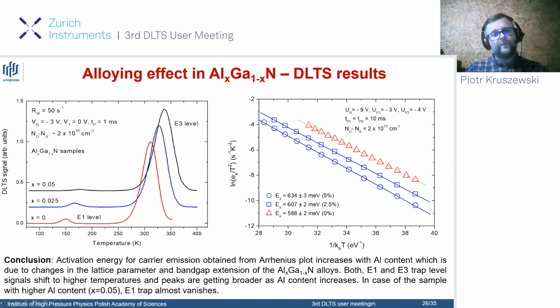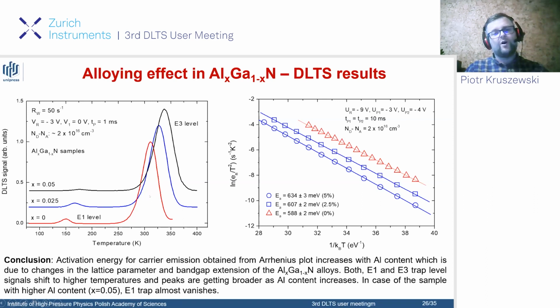First is that all peaks shift to higher temperatures, which is of course normal because in AlGaN samples the band gap is larger than in gallium nitride, so the traps must be deeper. The second thing, which is very important, is that the full width at half maximum of those peaks, I mean the E3 level and also E1, increases.